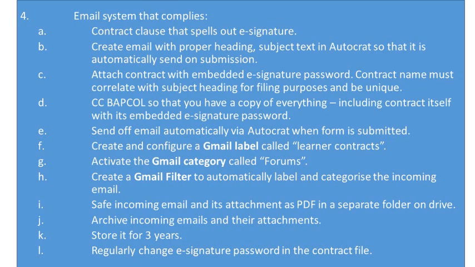After saving it on your hard drive, as an additional security measure, you can archive the incoming emails and the attachment, store it for 3 years in our case, and then regularly change the e-signature password in the contract file so that it regularly updates and people have different e-signature passwords.